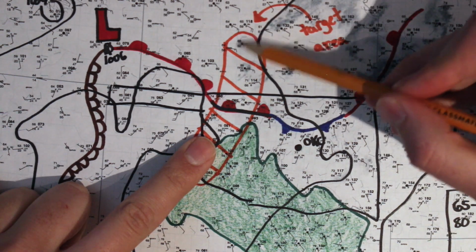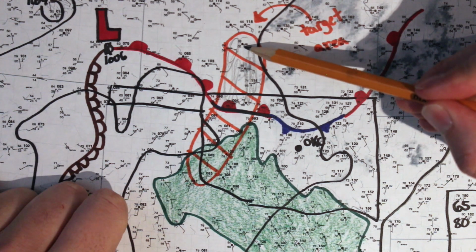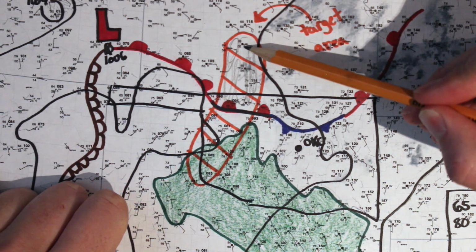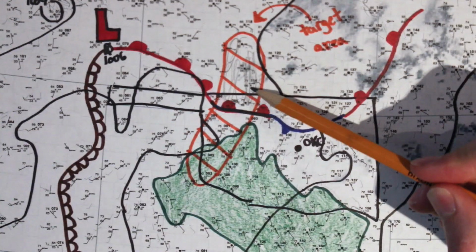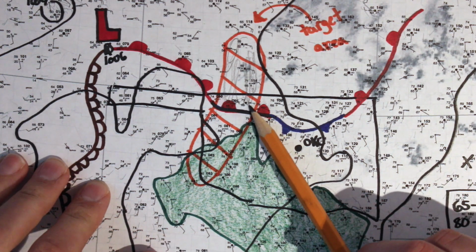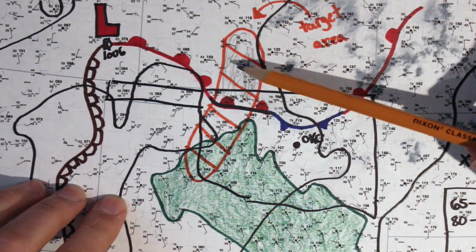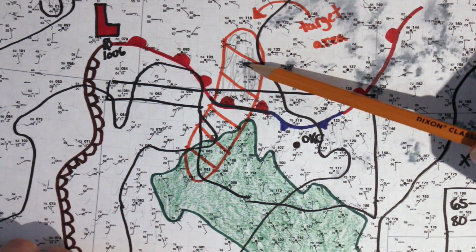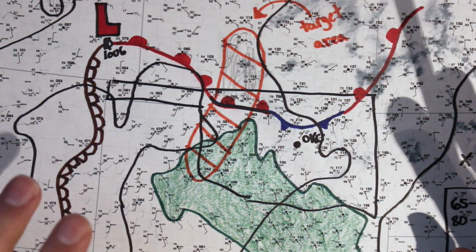Up here, however, we have 66 over 52, 71 over 65, 73 over 68. You know, it's pretty good, but this northern area, north of the warm front, is not as good right now. But we're not going to omit it right now.